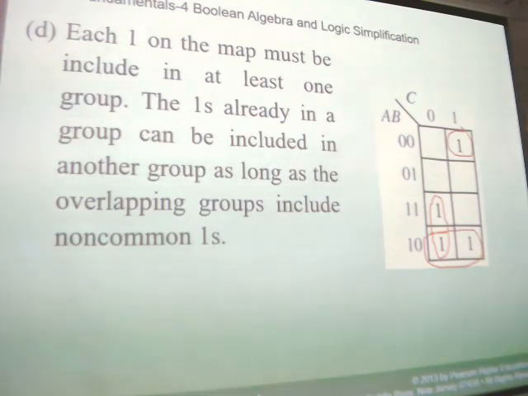And the third group is these 2 ones like this, right? 3 groups.